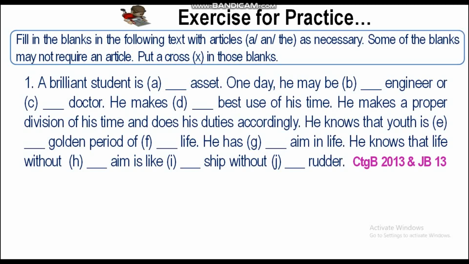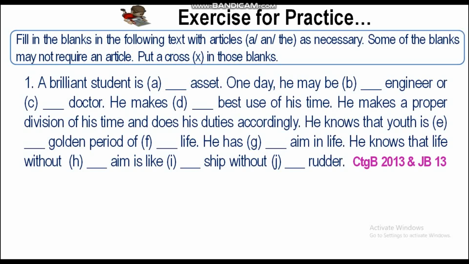Question number 1. A brilliant student is dash asset. One day, he may be dash engineer or dash doctor. He makes dash best use of his time. He makes a proper division of his time and does his duties accordingly.